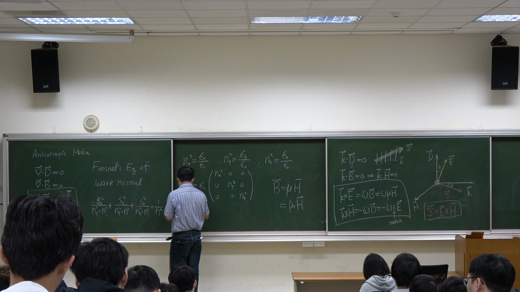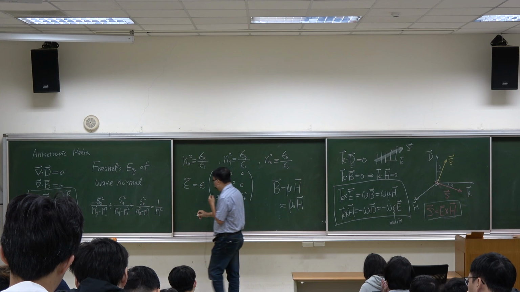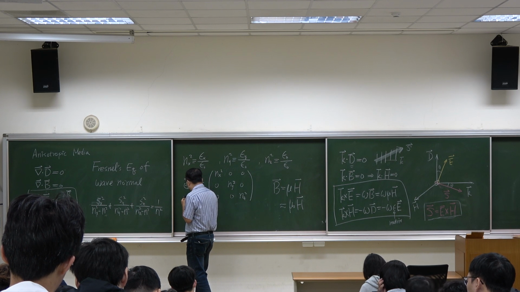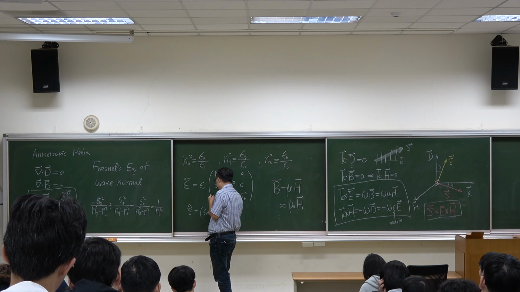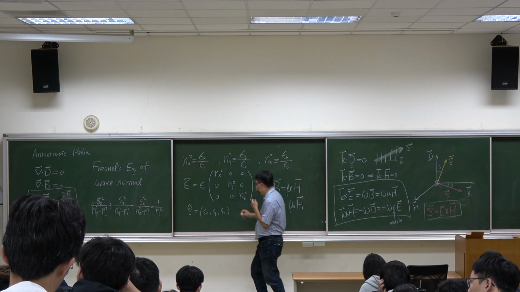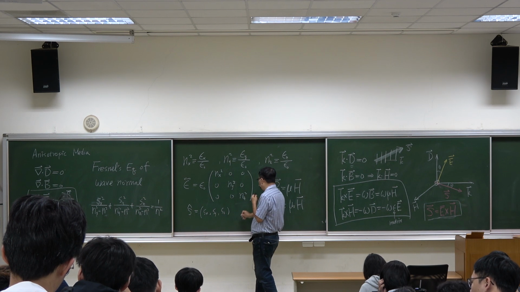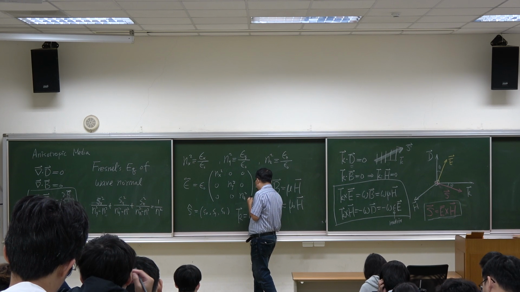Here S is not the Poynting vector. Here this S is the three components of the unit vector small s. What is small s? Small s means this.